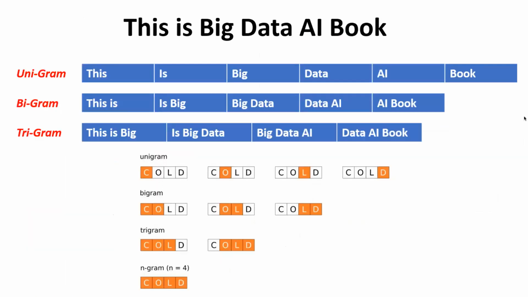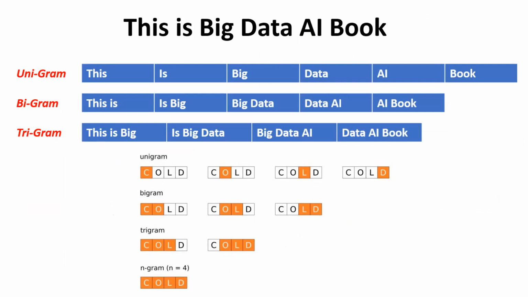So another concept that I need to explain to you is n-grams: unigram, bigram, trigram. So let's say this is Big Data AI book. Unigram gives you single words or single characters.